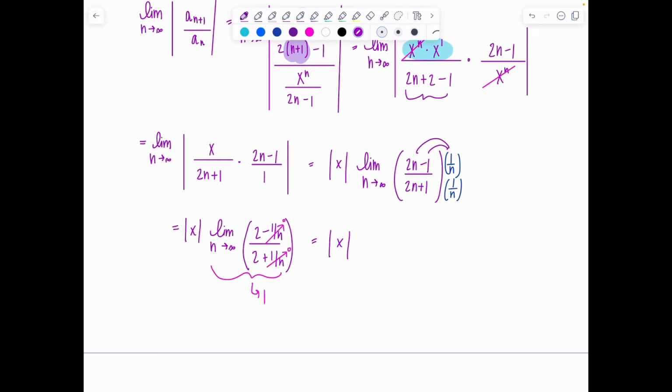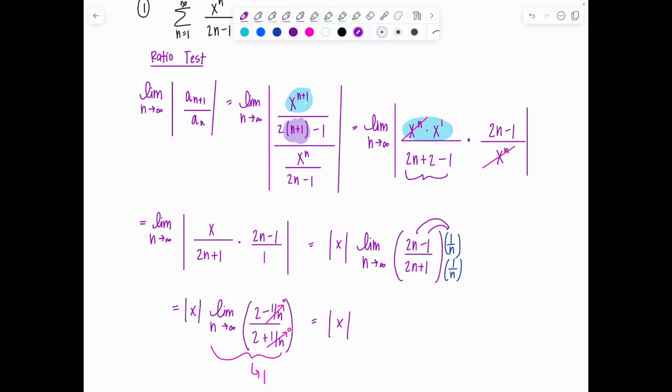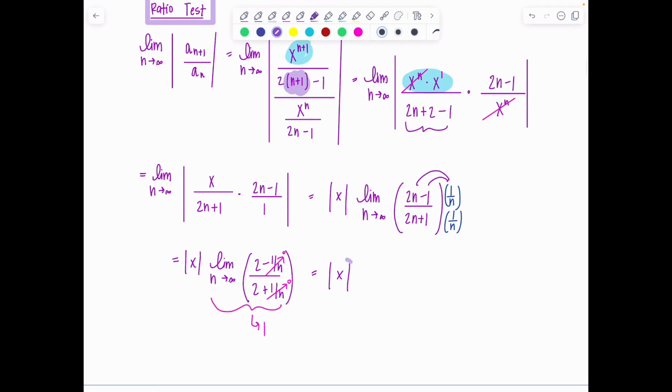Okay, well, think to yourself, which test did I just apply? Do you remember? Yes, we used the ratio test. And what do we know about the ratio test? Well, in order for a series to converge, whatever the limit comes out to be from applying the ratio test needs to be strictly less than 1.